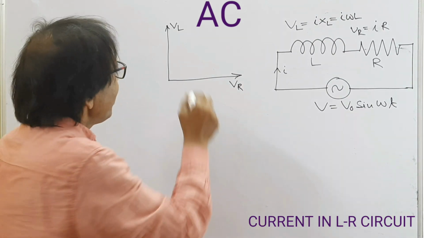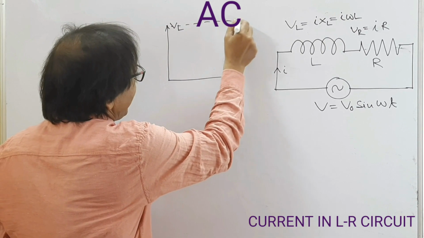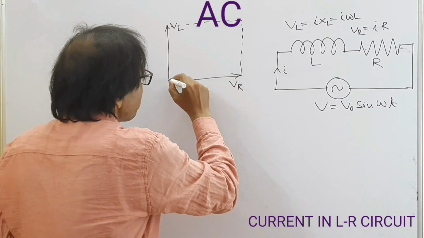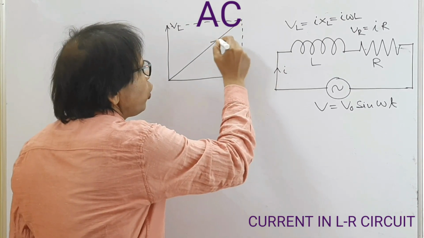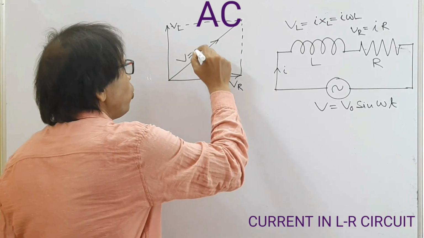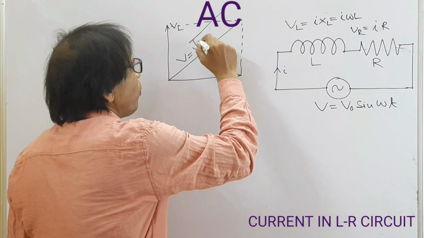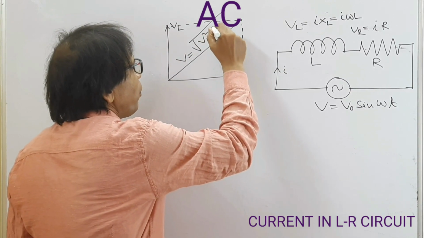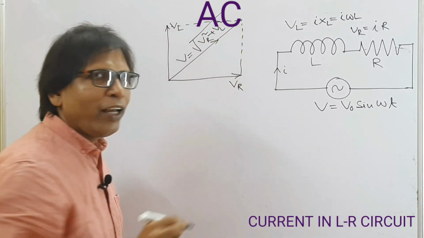So look at this, the resultant voltage becomes along this direction. This is V. So the resultant voltage V equals the square root of VR square plus VL square.